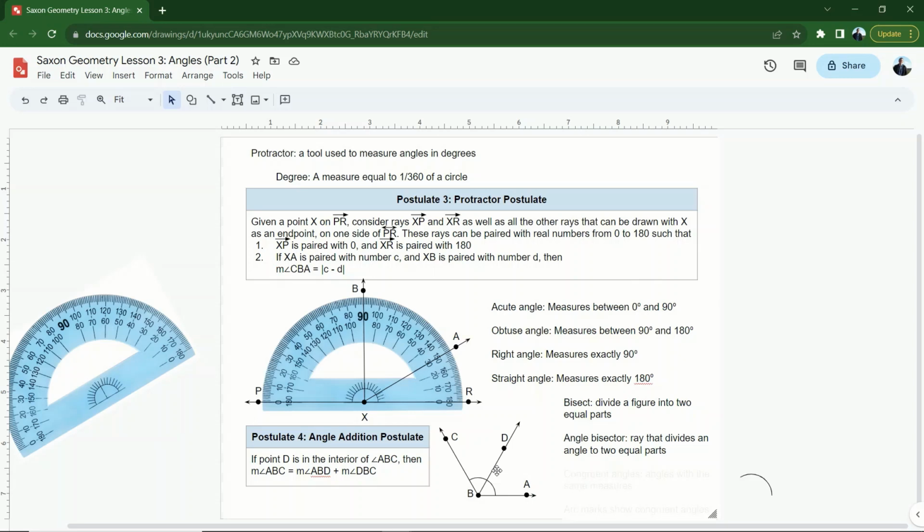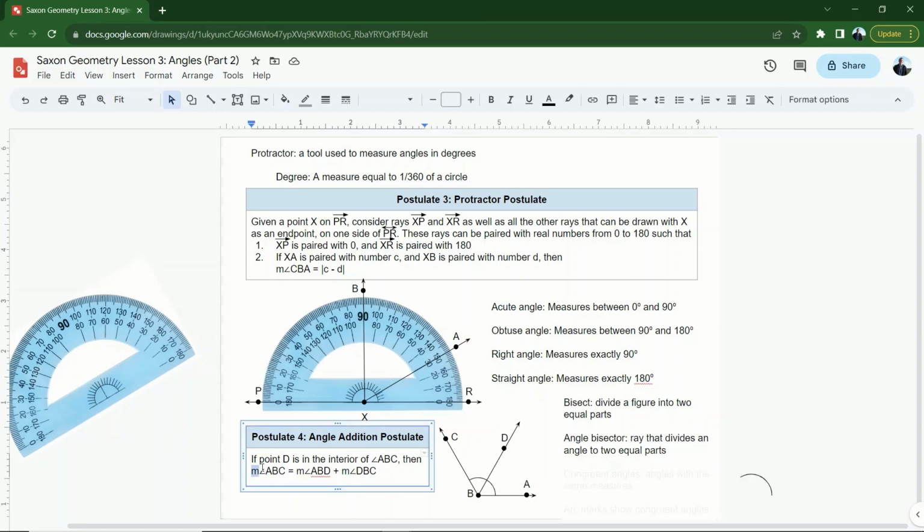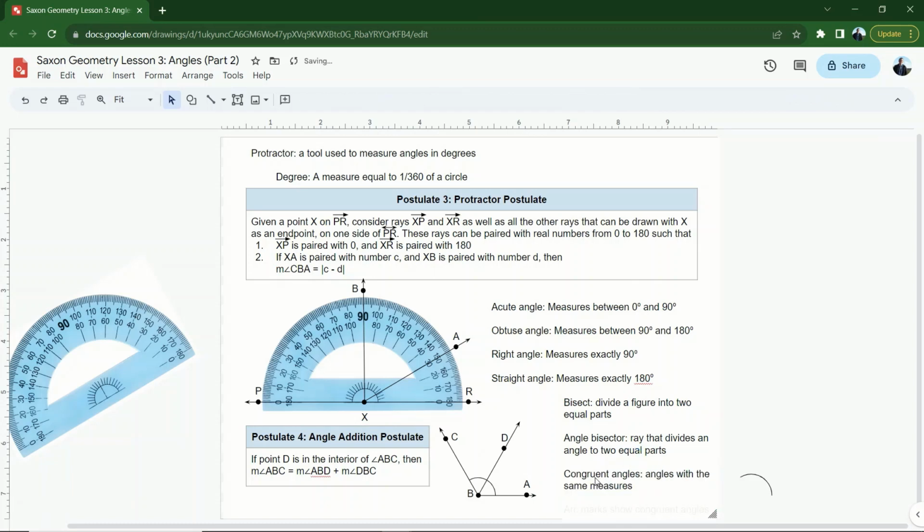By the way, I forgot to mention that whenever we write M of angle ABC, the measure of angle ABC, the measure of angle ABD, we're talking about a value associated with the measure of the angle. So we're not talking about the angle as a figure anymore. Then we're talking about the number, the measure of the angle. And that's what we're talking about with an angle bisector too.